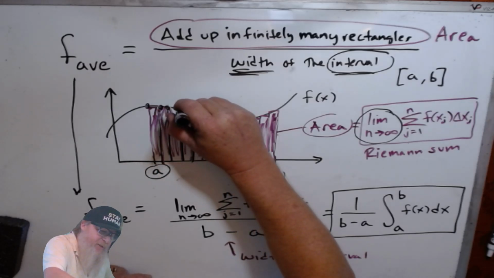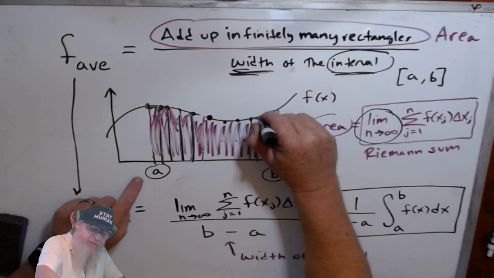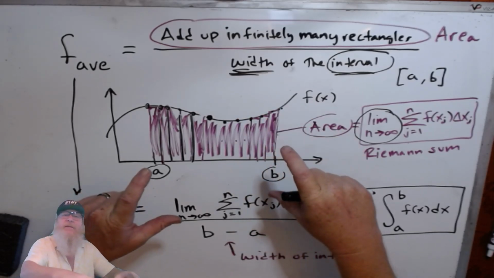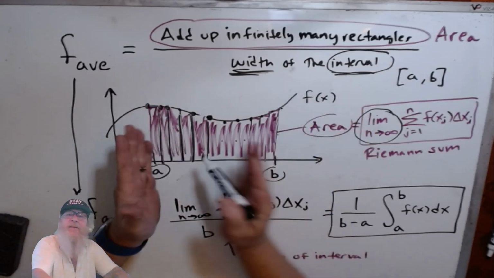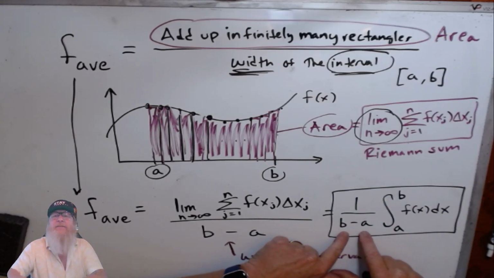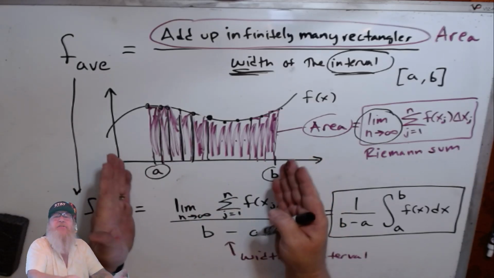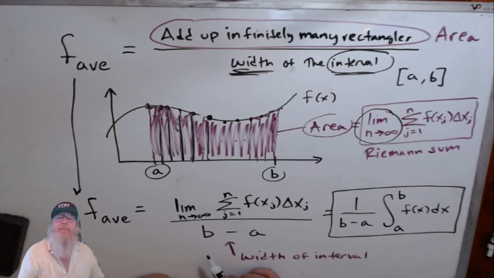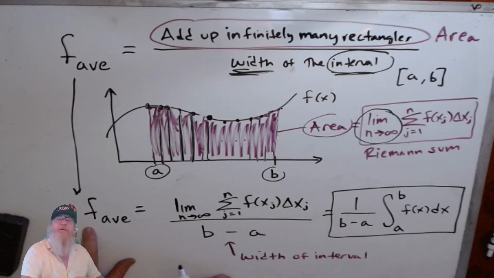Remember, each time you plug in an x, you get out a y, which is giving you the height, right? And then you have the width of each rectangle, and then you're adding them all up, and then you're dividing by the width of the entire interval from a to b. All right. So this is called the average value of the function, or f_av.